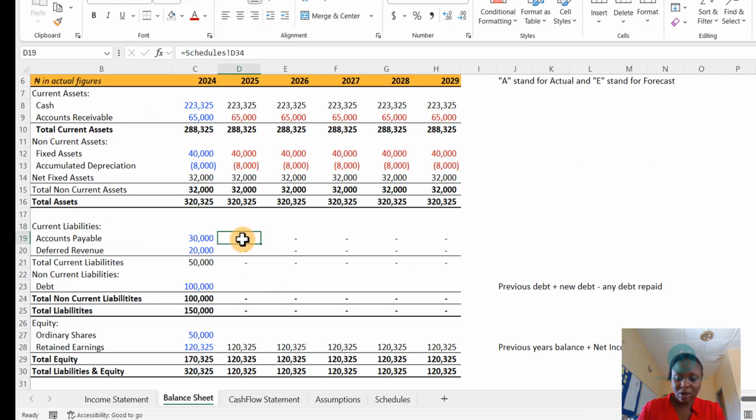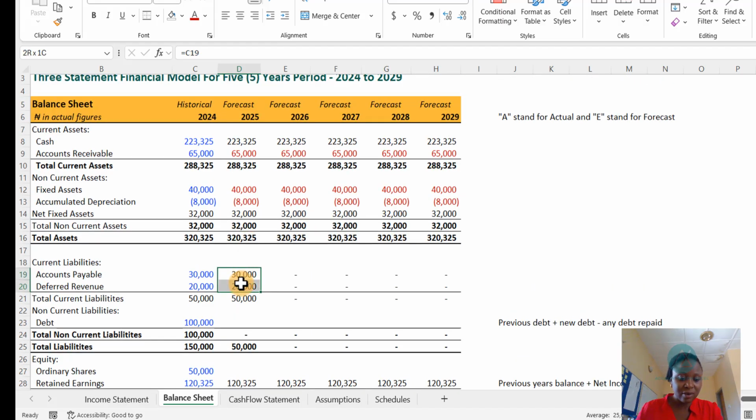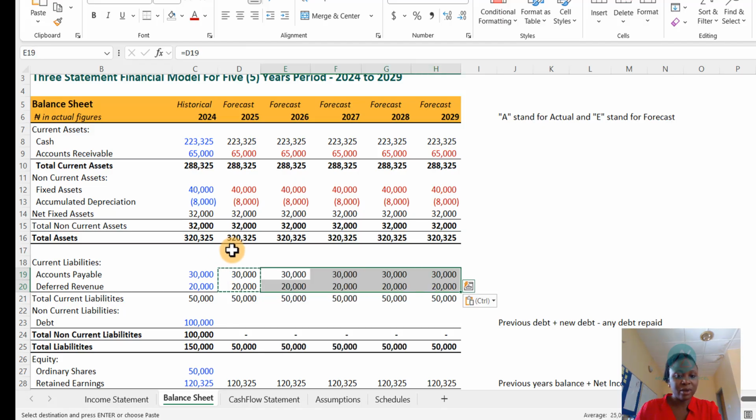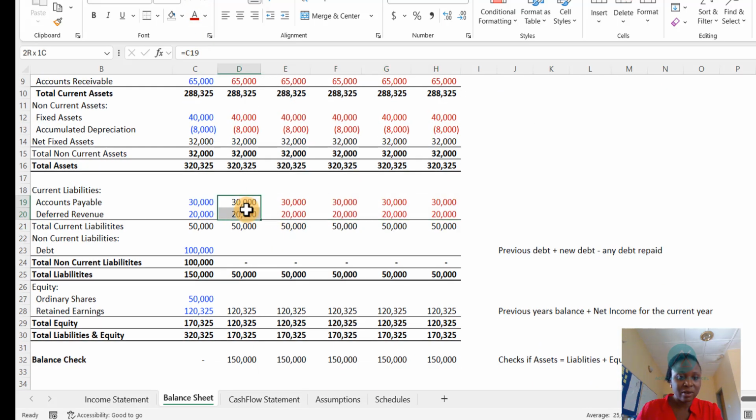Right. So I will also do the same thing with this, copy and paste it. Remember to give it this font color. These are temporary; we'll still work on them.